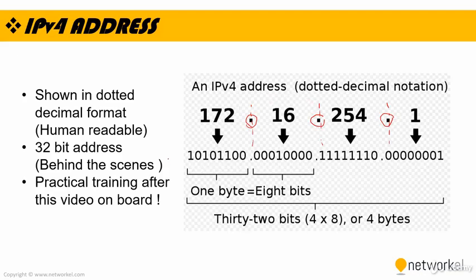But behind the scenes, IP addresses are 32-bit addresses. We are going to have a practical training after this video on the board about these calculations, and I'm going to show you how we calculate these numbers step by step.